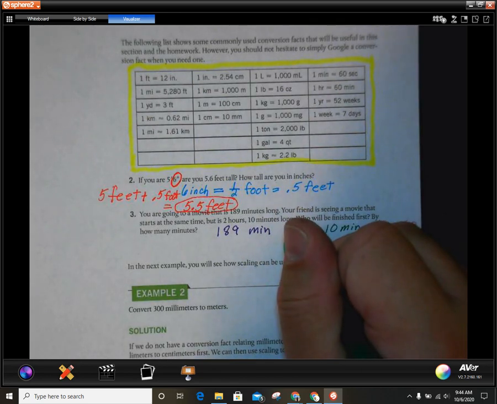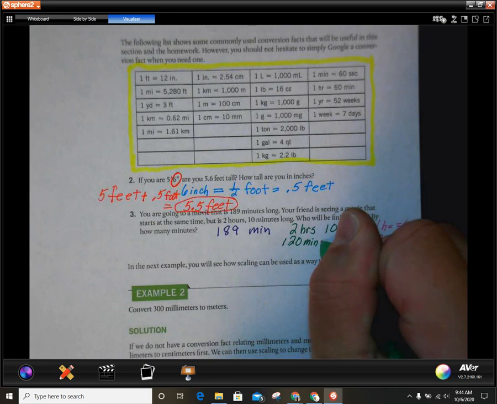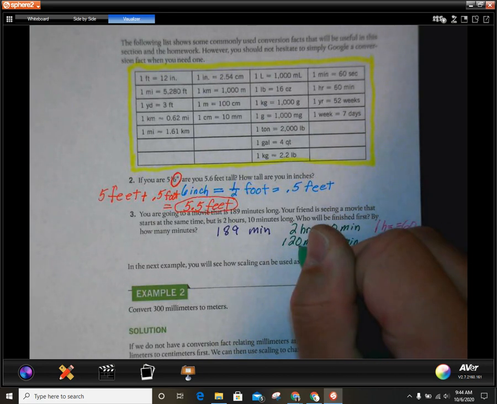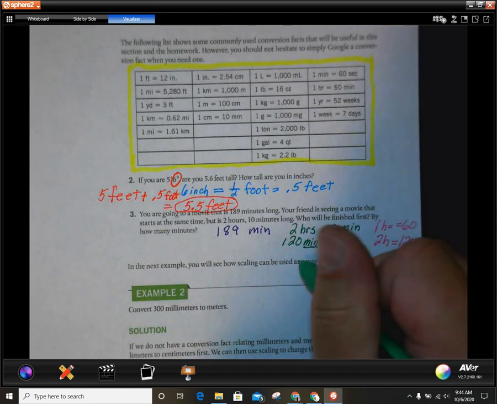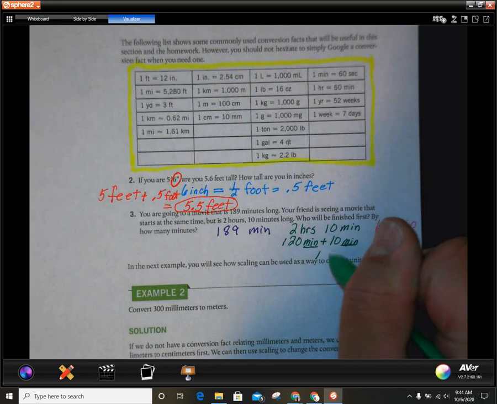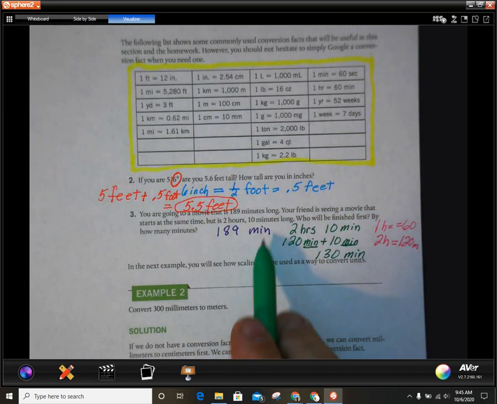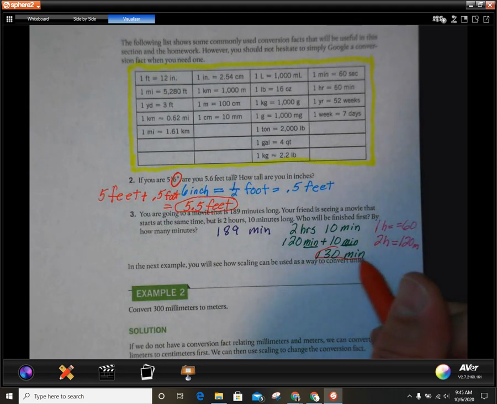Now I can add the 10 minutes because of the same, think of it as common denominator, same label, same unit. This comes out to 130 minutes. Now that they're the common units, we can compare them. Who will finish the movie first? Well, this one's going to finish first because it's shorter.